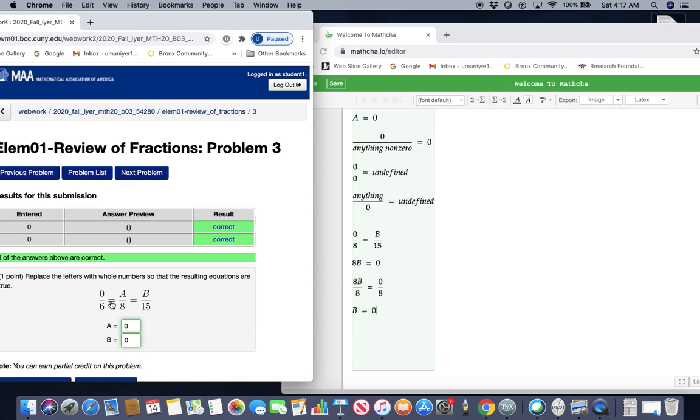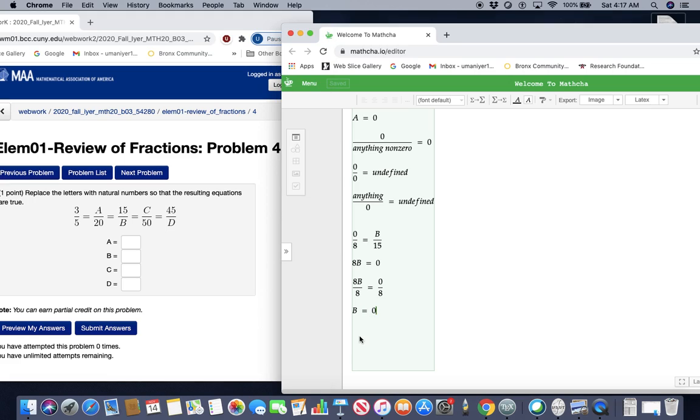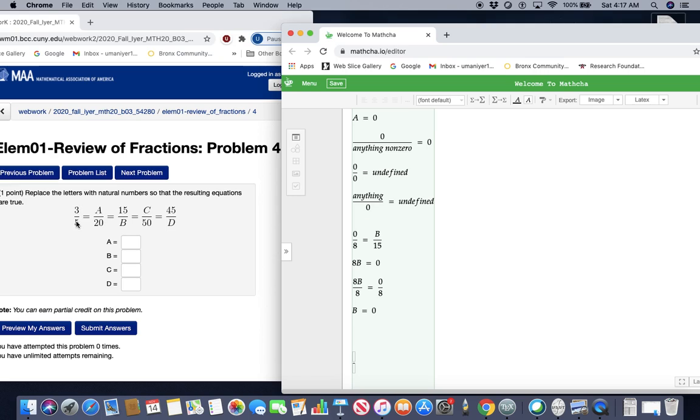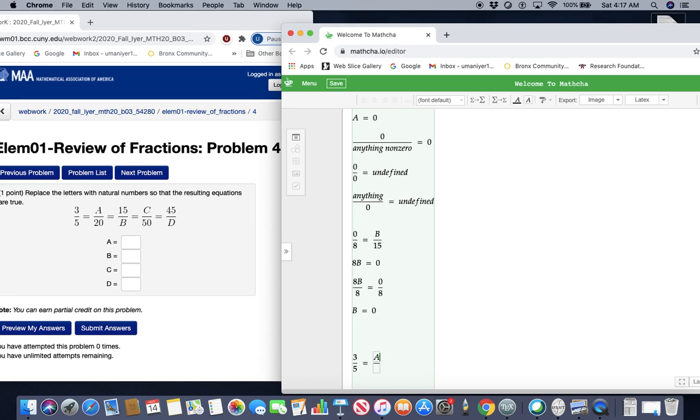Next problem. Similar question, you have a proportion. Let's go through each of these, one proportion at a time. I will look at 3 over 5 equals the fraction a over 20.